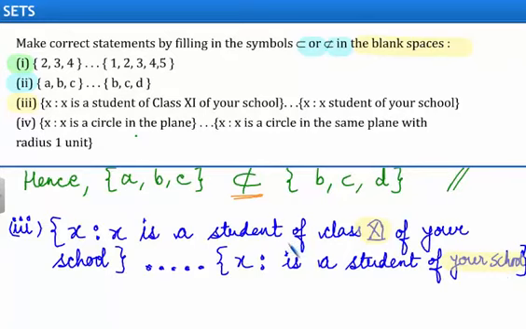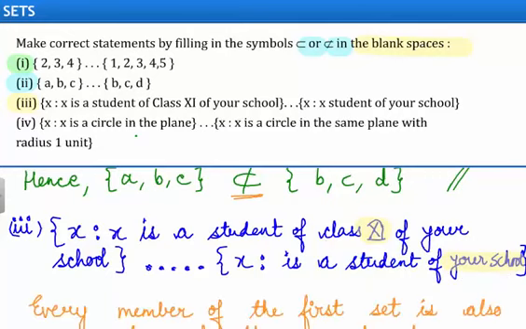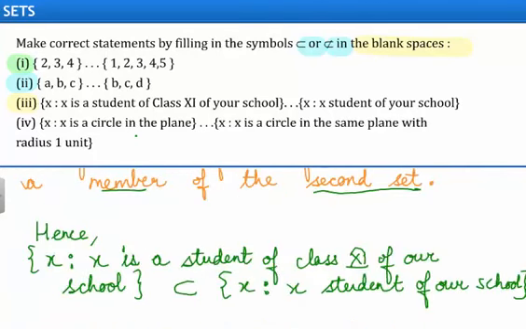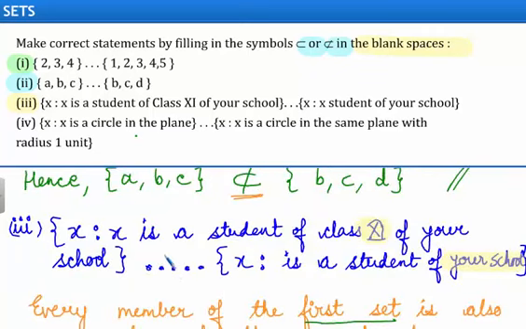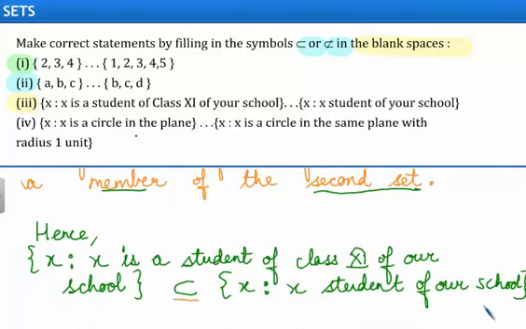So, each and every student of class 11 is also a student of that particular school. Therefore, we can say that every member of the first set is also a member of the second set. Hence, we can say that the given first set of the third part is a subset of the second set. So, we can fill this blank with this symbol. So, this completes the third part.